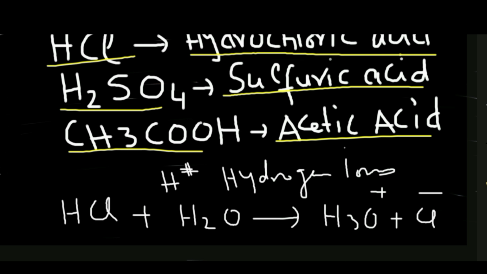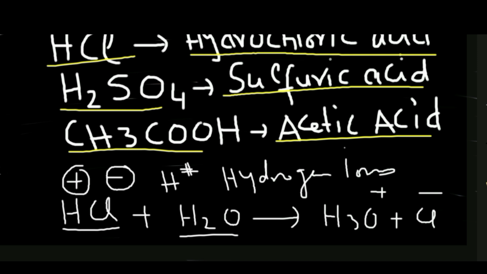So this HCl is being ionized in aqueous solution to produce H plus. This is the combination of H plus and chloride Cl minus. So when we put it in water, it gives hydrogen ions and chloride ions.